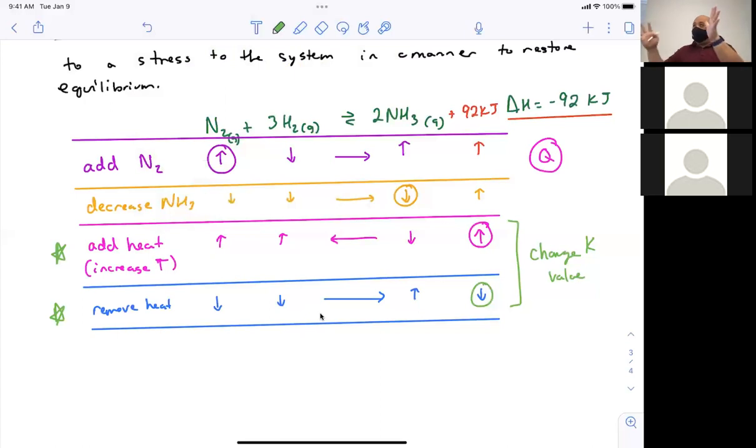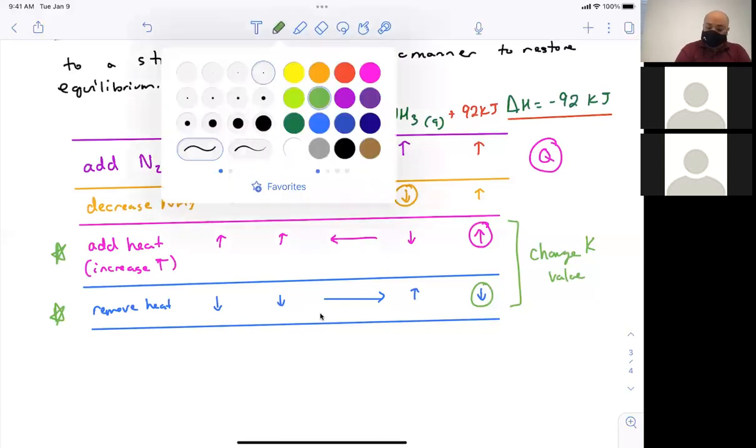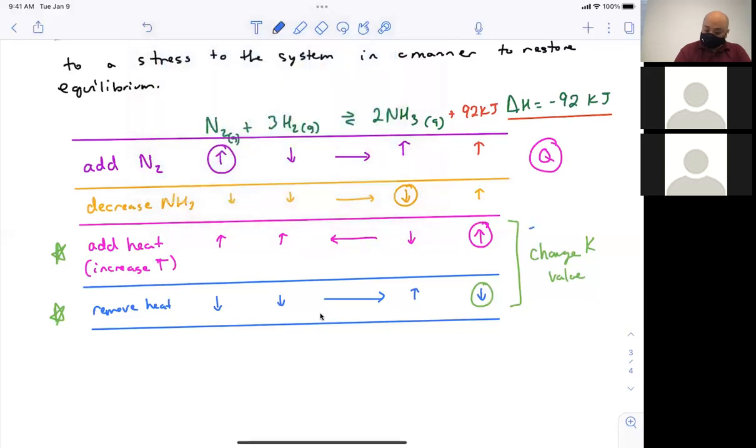And the way a reaction responds to temperature change actually tells you whether it's exothermic or endothermic. Because in this reaction, if you increase temperature, it shifts to the left. That means this is an exothermic reaction, because K decreases as temperature increases. Because the denominator is getting bigger, it's shifting to the left.